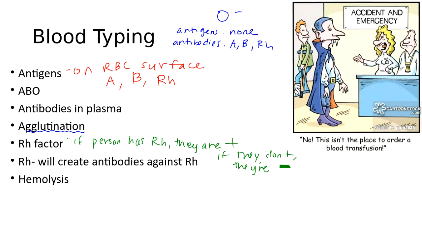If you don't have the Rh antigen on your red blood cells, you have negative blood. Personally, I have A positive blood, so what type of antigens do I have on my red blood cell surface? I have A and Rh. I have the Rh factor, so I have positive blood.